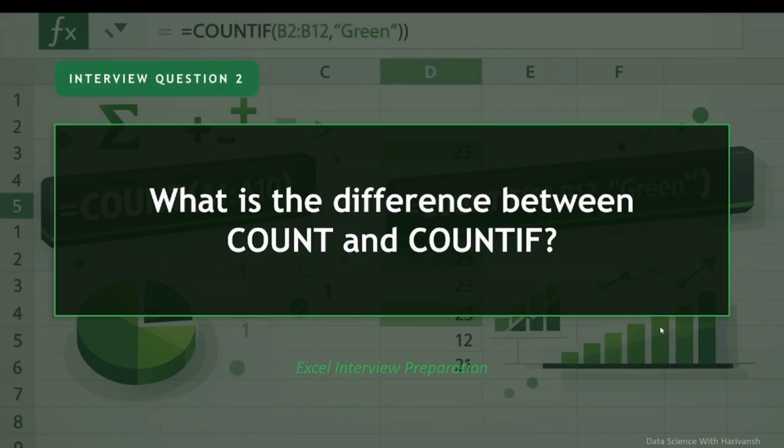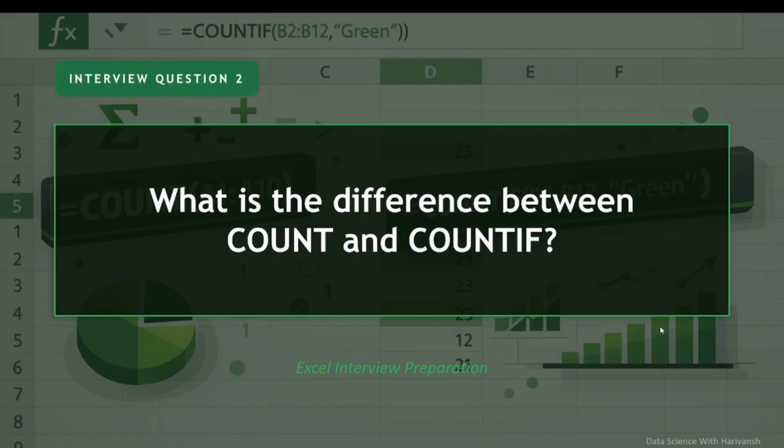Moving on to our second essential interview question, what is the difference between the COUNT and COUNTIF functions? While both functions are used to enumerate data cells, they serve fundamentally different purposes based on whether criteria are required. The standard COUNT function is designed for simple counting.